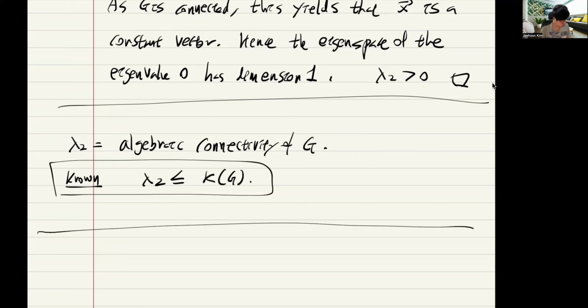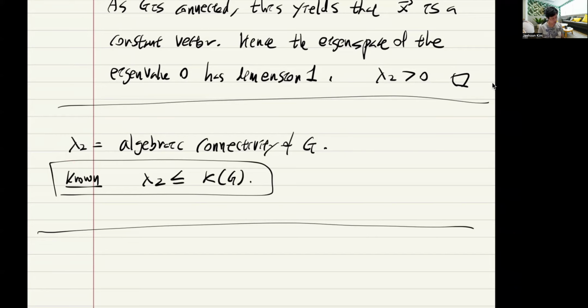Okay, so we have seen the meaning of mu 1, which roughly shows how dense the graph is. Then we have seen the meaning of lambda 2, which roughly is like the connectivity of G. So lambda is from the Laplacian, and mu is from the adjacency matrix.